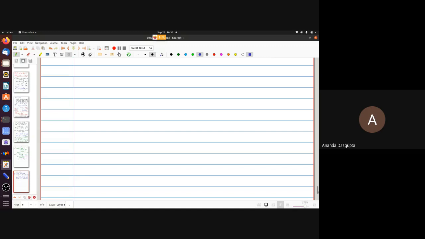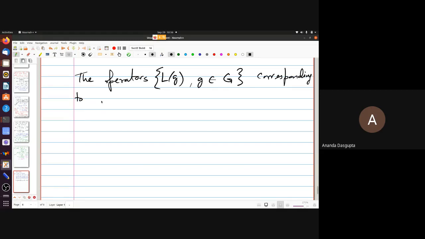So why is that important for us? The reason why that is important for us is simply this. Okay, maybe I did not even define this. I defined the situation when a representation is reducible.